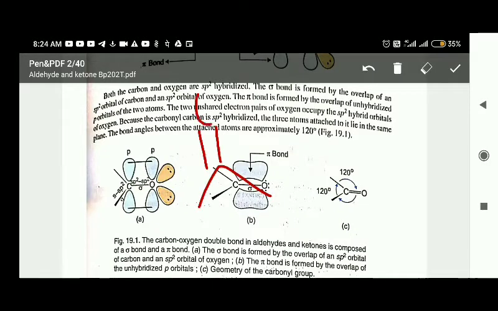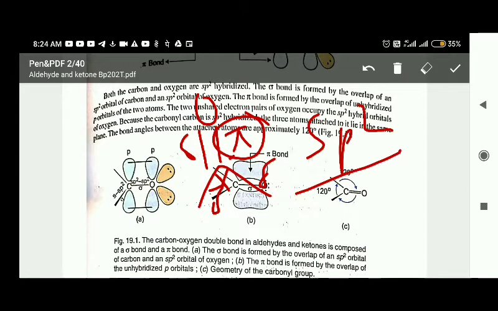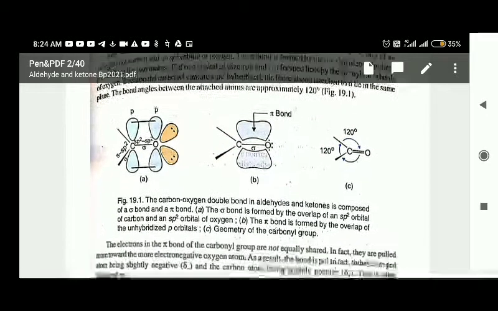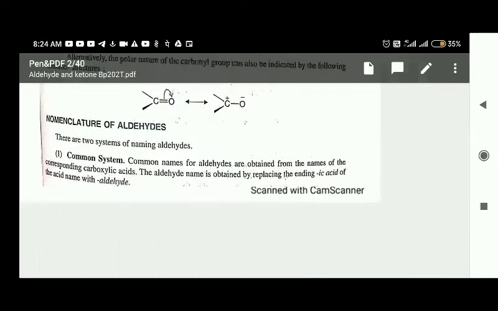Hybridization means he is asking about this carbon. What is the hybridization of this carbon? You see this pi and sigma. If pi is there, I told you that it is sp2. Even if there is one pi bond, it will be sp2. Okay, fine. So this is one more MCQ you can get.